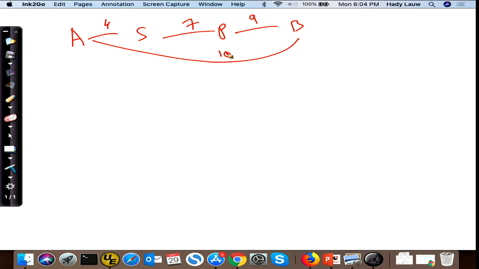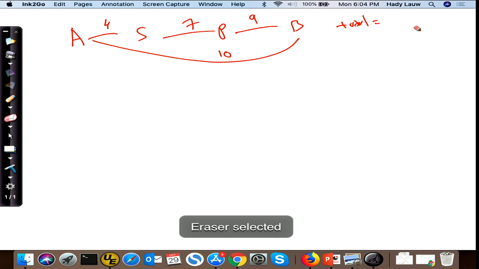So the tour that you get from the greedy 1 is ASPB, and the total distance is 30. So 4, 7, 11, plus 9, 20, plus 10, 30. And this is the greedy 1.